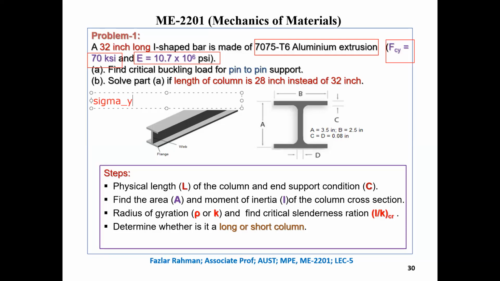But if I use sigma CY, what does it mean? Compressive yield strength of the material. If I use sigma T, that means tensile yield strength.